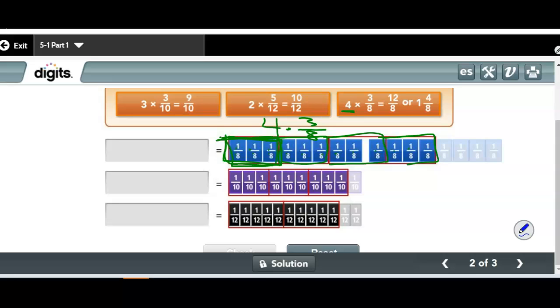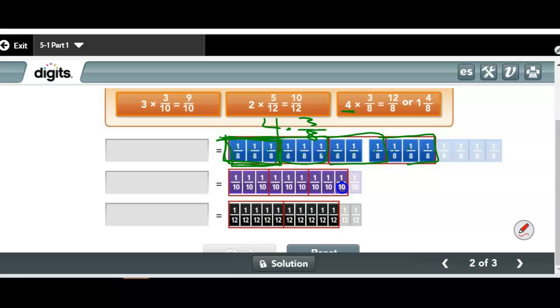All right, looking at the second one. What's some important information that you can see in this model? Some important information you see in this model. Nick, what's shaded in? The tenths are shaded in. This tenth right here, super important. Hey, what else do you notice? Elena.